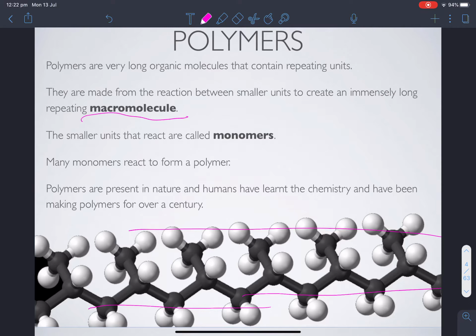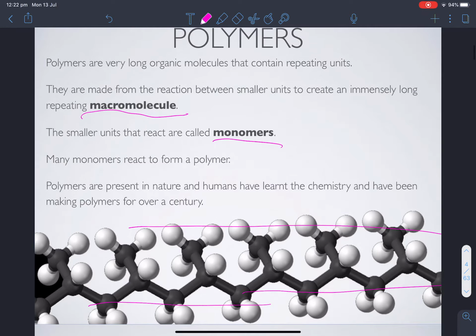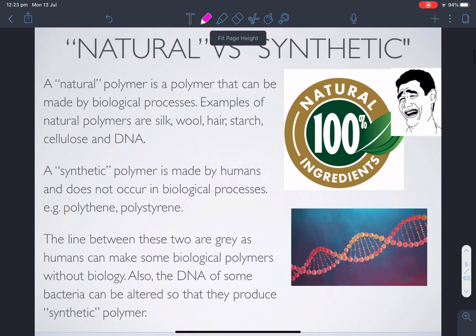The smaller units that react with each other are called monomers, and monomers react together to make polymers. They're present in nature, and humans have also learnt the chemistry to make different ones that are not found in nature, or we can make in labs the ones that are found in nature as well. So just a brief slide on that.